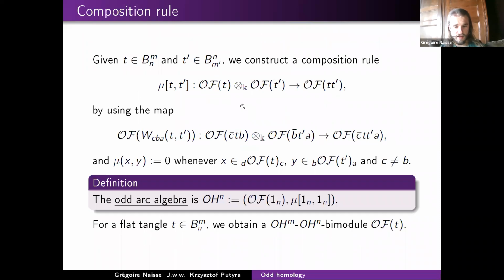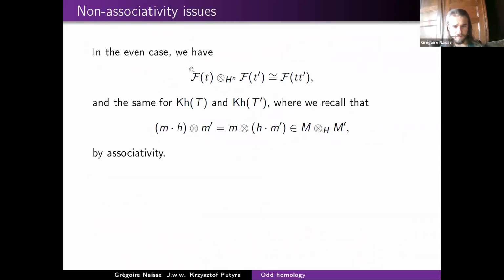When you have two such bimodules, you can tensor them over this arc algebra. And it appears that in the even case, if you tensor the bimodule of one tangle with the bimodule of another tangle over this arc algebra, you get something isomorphic to the bimodule you get if you have composed the tangles. That is the way we want to relate composition of tangles with the invariant.